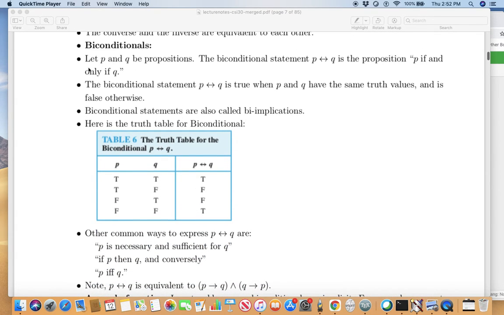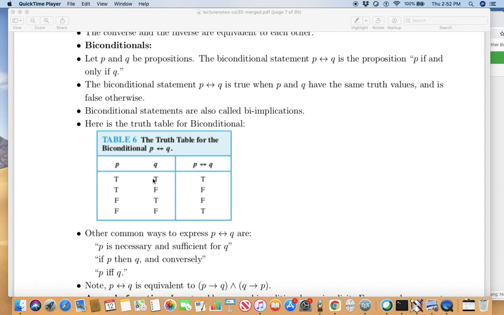Biconditionals. Let P and Q be propositions. The biconditional statement P double implication Q is the proposition P if and only if Q. The biconditional statement P if and only if Q is true when P and Q have the same truth values and is false otherwise.